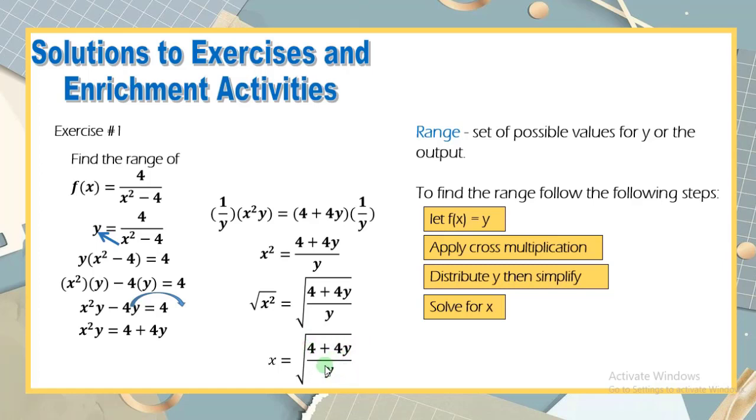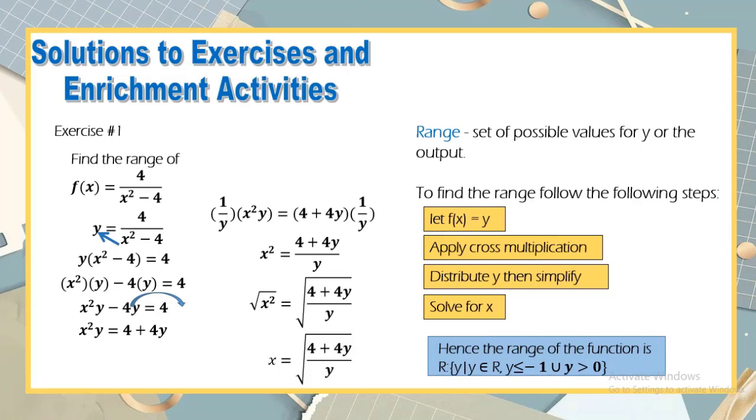So since we have a denominator here, which is y, we need to make sure that our denominator is not equal to 0. And since it is a square root, our radicand here must be positive.